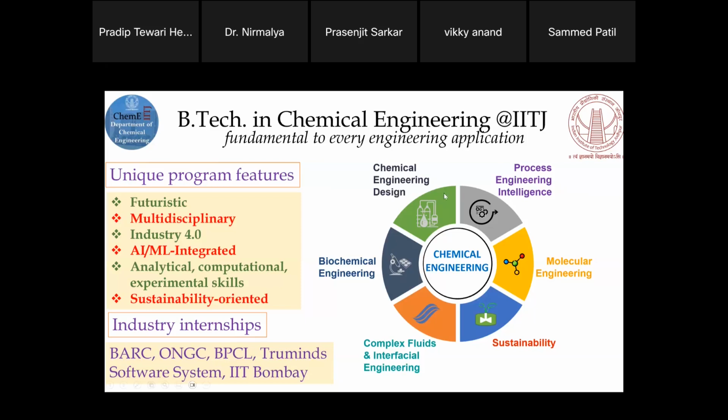For example, chemical engineering has a process design part, a process intelligence part, an in-depth understanding of the chemistry, that is the molecular engineering part, complex fluid and interfacial engineering, which is the processing part, biochemical engineering, which deals with pharmaceutical drugs and biological behavior of systems, and sustainability, which is essentially how do we sustain our environment, and how do we live in harmony and produce cleaner energy, a cleaner environment for our neighborhood.